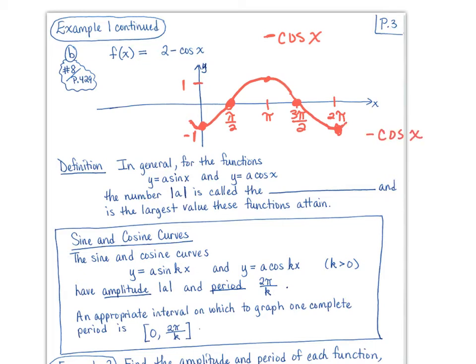Now, since we have 2 minus cosine of x, what do we need to do to this graph? Shift it up 2. Good. So we move up 1, 2. So now it's going across there. So we have this. This is my sketch. Make sure you interpret it properly. Let's see if we can make it a little bit better. That doesn't even look right.